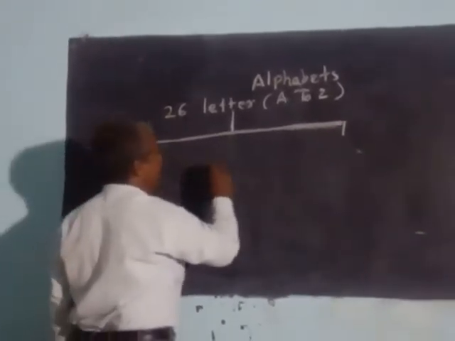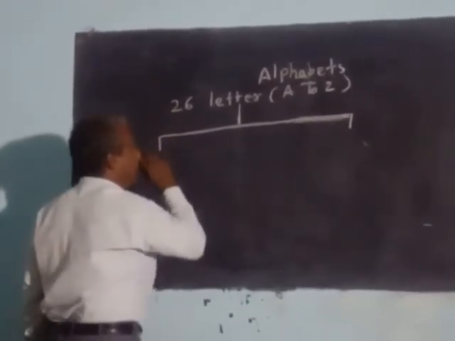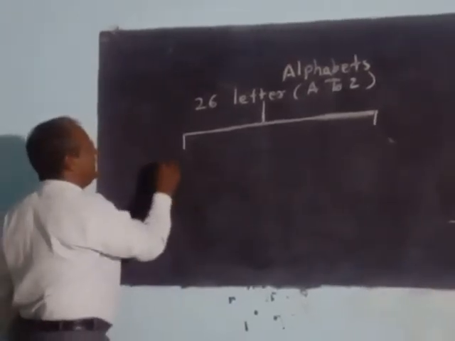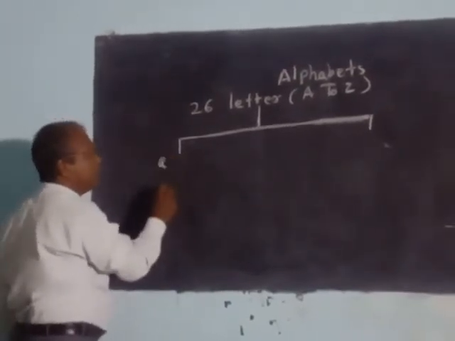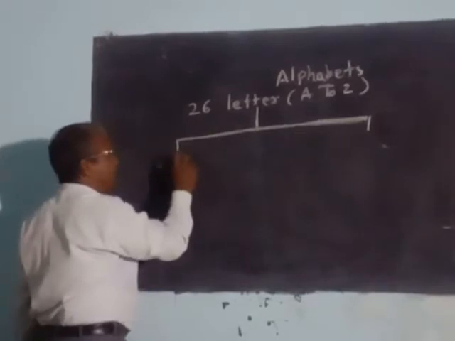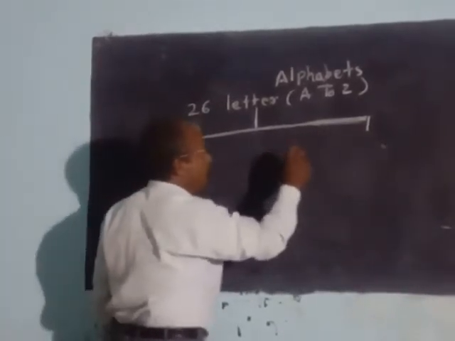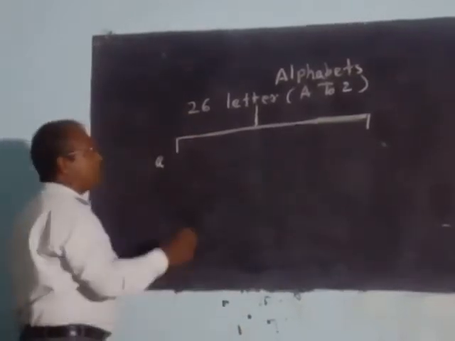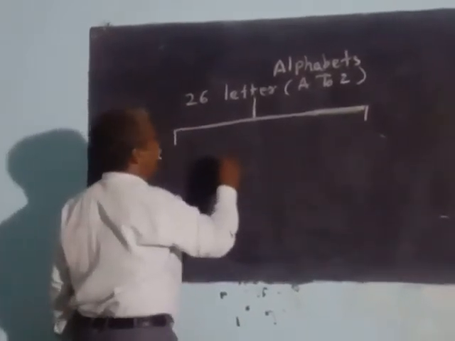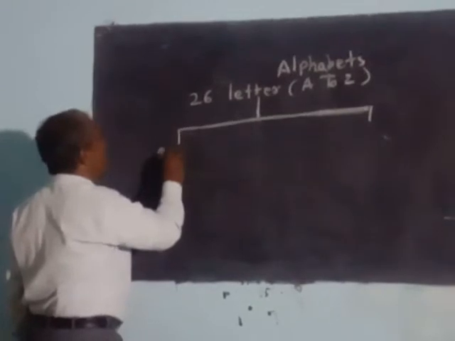The 26 letters are A, B, C, D, A to Z. Those are written in small letters.